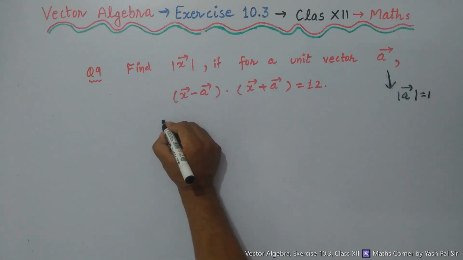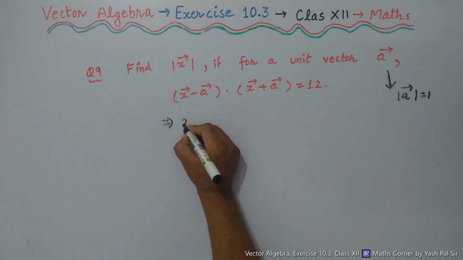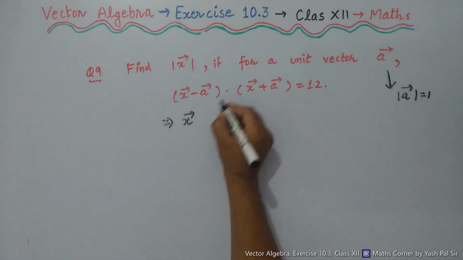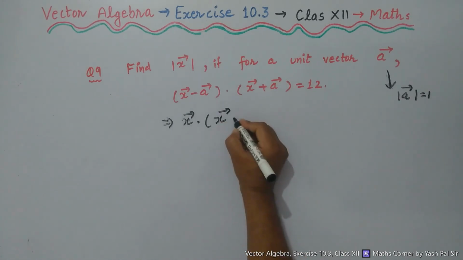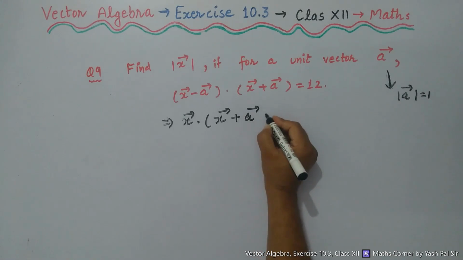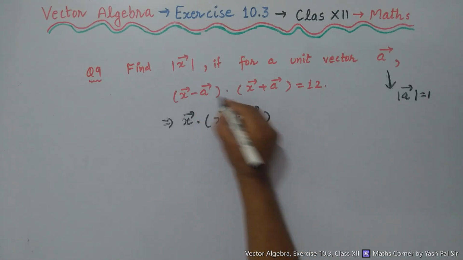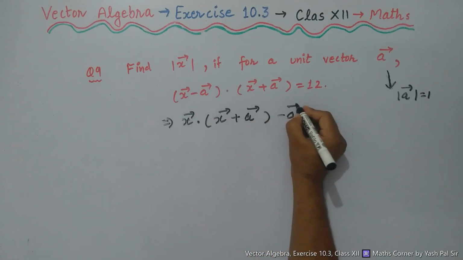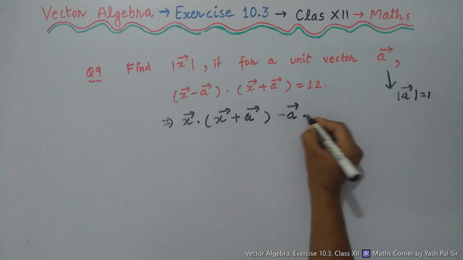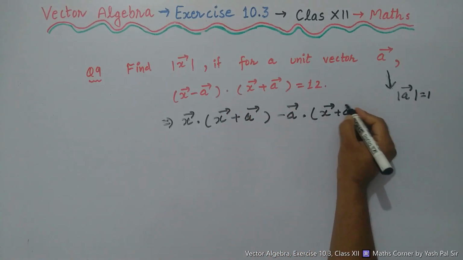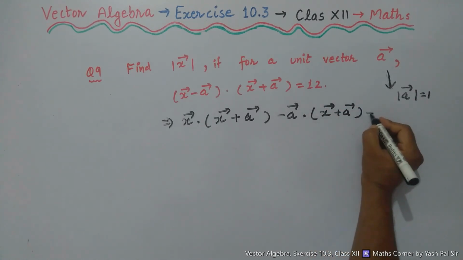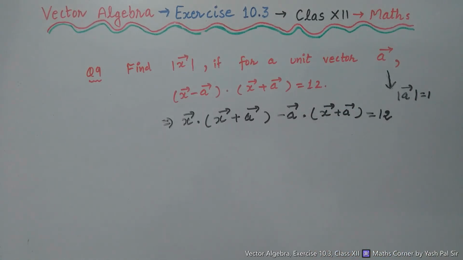So here we solve this: vector x dot product second bracket x plus A, second term minus A vector dot product second bracket x plus vector A is equal to right hand side 12.